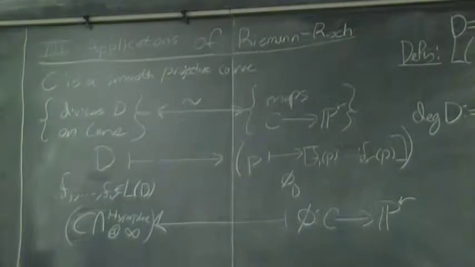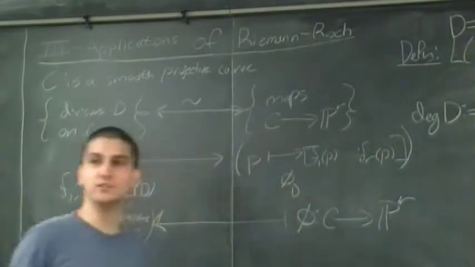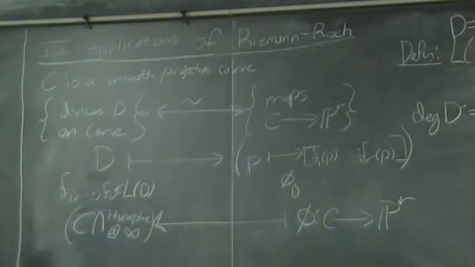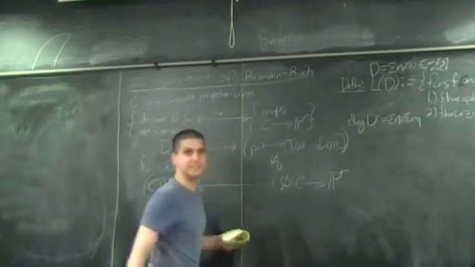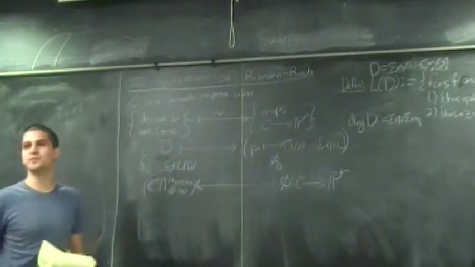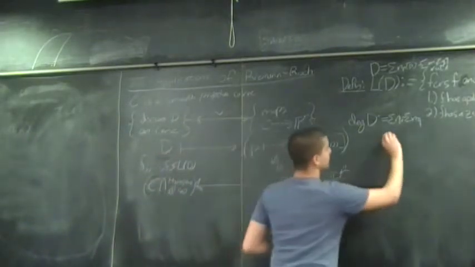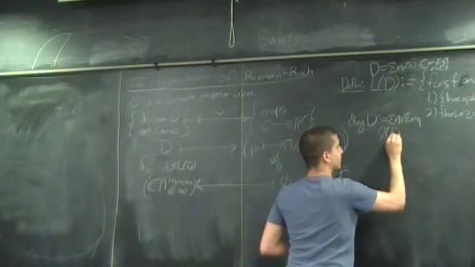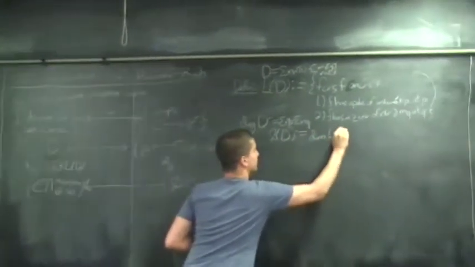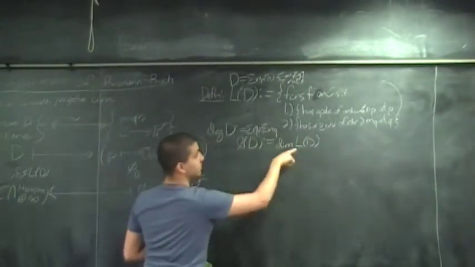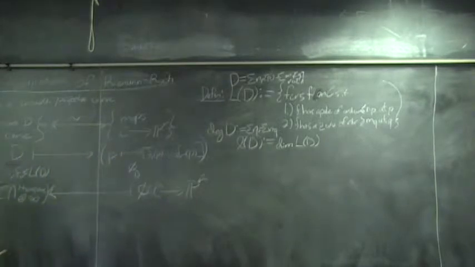So this is what we talked about, and so we can see that it would be really nice to understand the dimension of these vector spaces, because that tells us about where exactly all the maps to projective spaces from C land. It tells us which projective spaces we can get into, because this R is going to be equal to, I'll define little l of D to be the dimension of L of D. So big L of D is a vector space, little l of D is just going to be an integer.